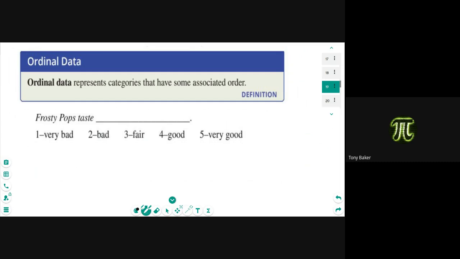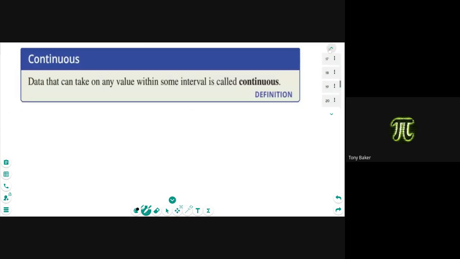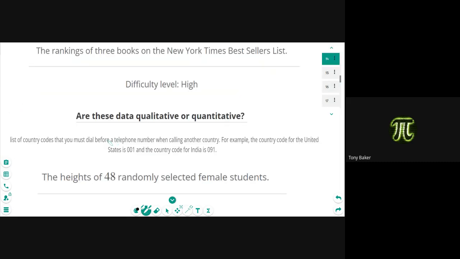So the example where we did the list of county codes and your phone numbers, that's nominal. The rankings of the 3 books, that's ordinal. The telephone number piece, that's nominal, because putting those in order wouldn't make any sense. I can put them in order, but the order doesn't mean anything.